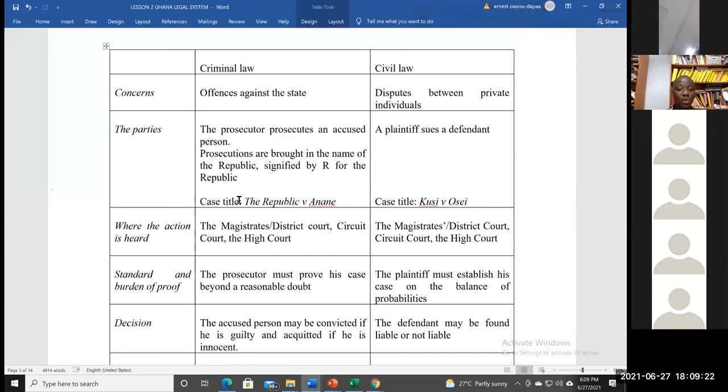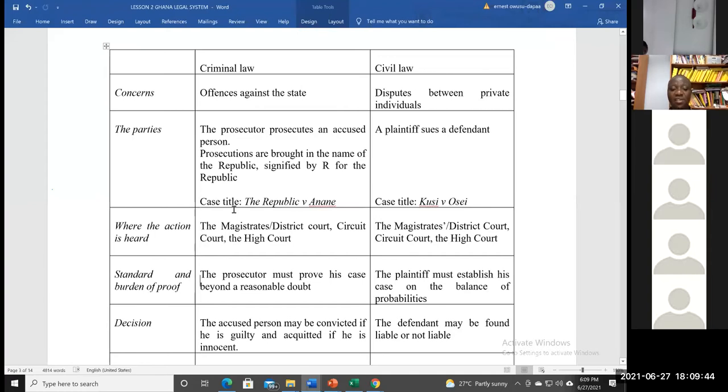Then standard of proof: for criminal cases, the prosecutor must prove his case against the accused person beyond reasonable doubt. Then for a civil case, the plaintiff must also establish his case on the balance or preponderance of probabilities.